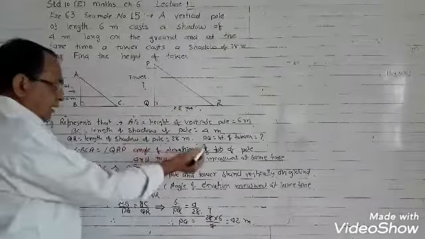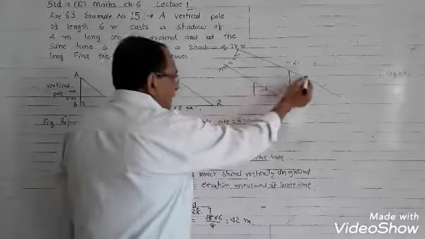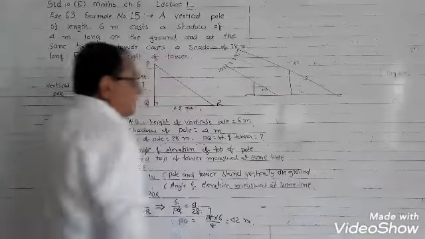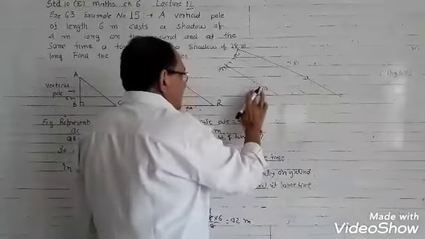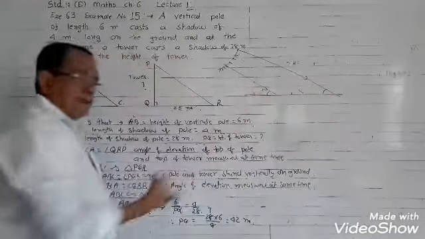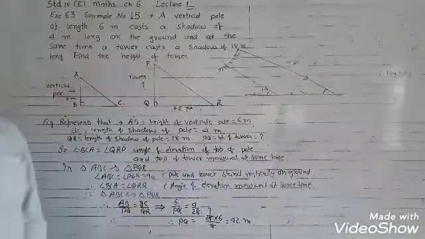Because suppose here are the sun's rays. All rays are parallel to each other. Suppose the height of the pole is here and the tower is here. Then these are parallel, and the ground level becomes the transversal. Therefore, these angles and these angles are corresponding angles.